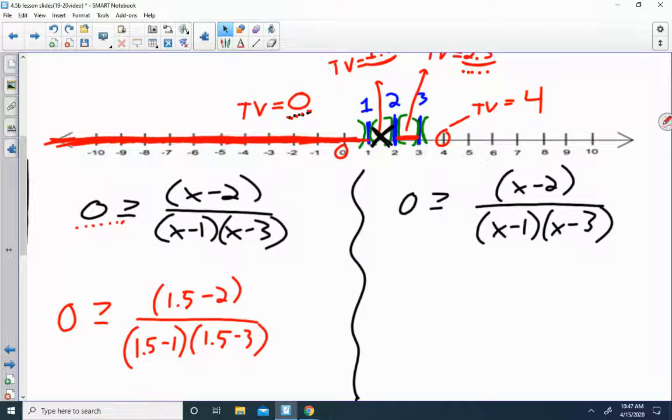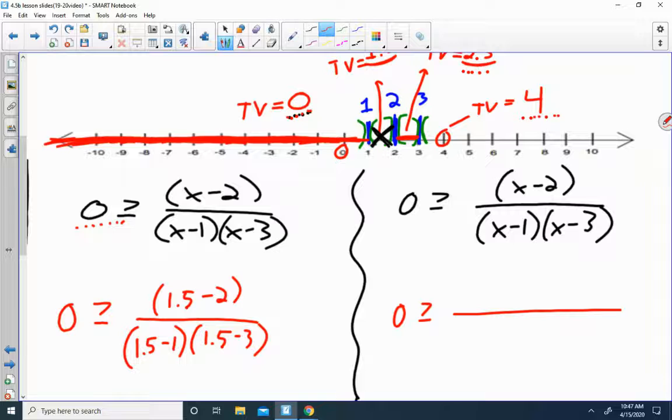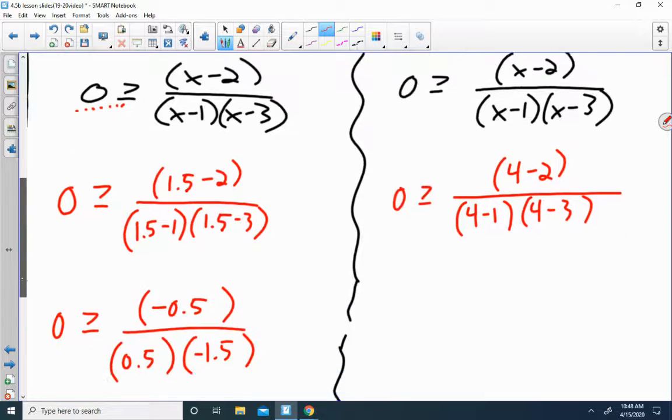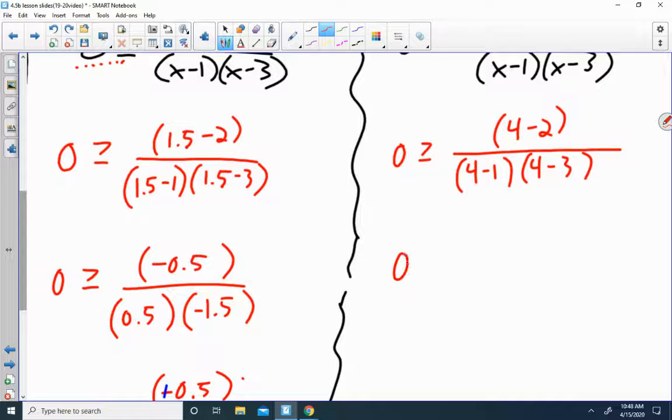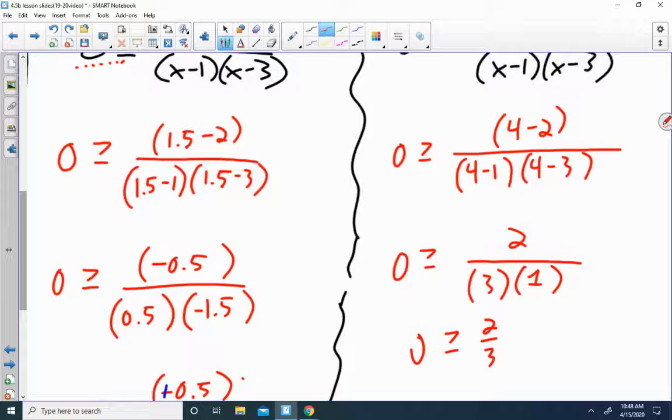All right. So one more test value to check out. We're going to try plugging in 4 this time to see what happens. So 4 minus 2, 4 minus 1, 4 minus 3. Go from there. So 0 greater than or equal to 2 on top. On bottom, we're going to have 3 times 1, so 0 greater than or equal to 2/3.